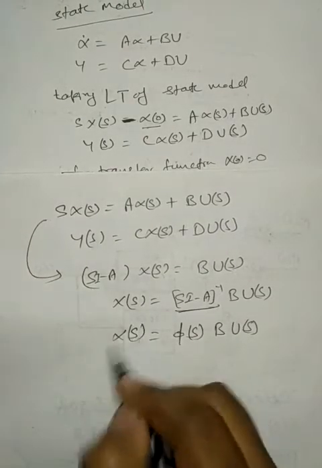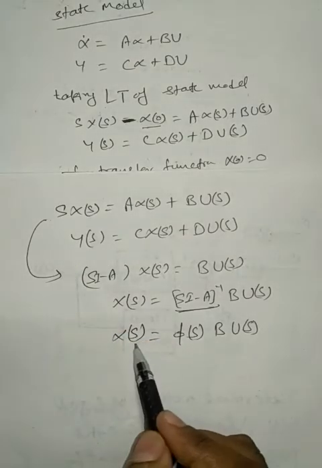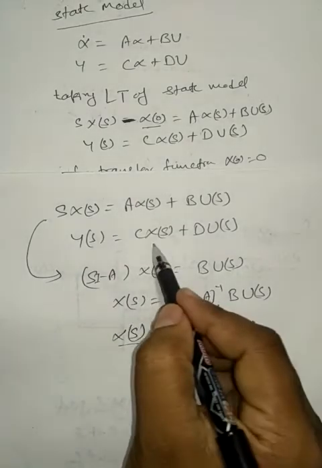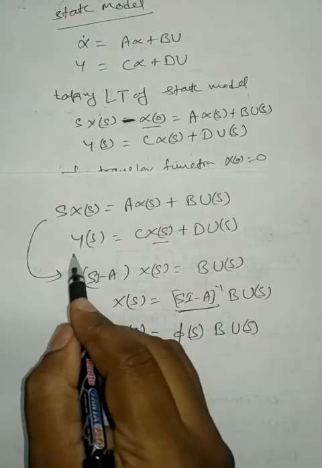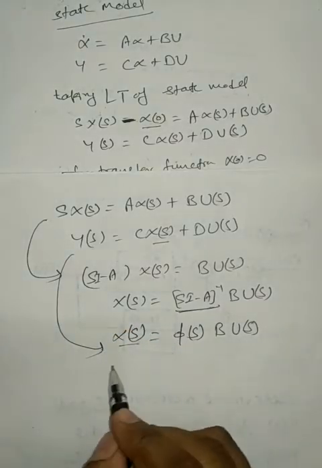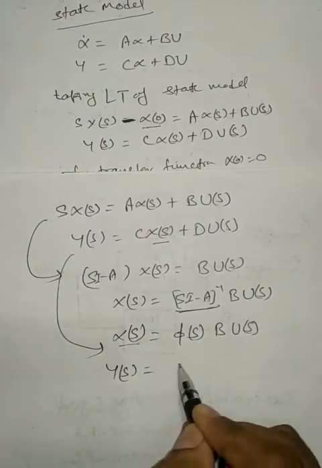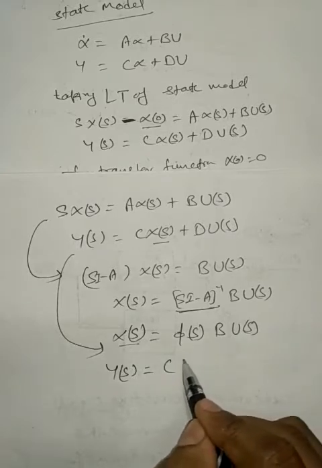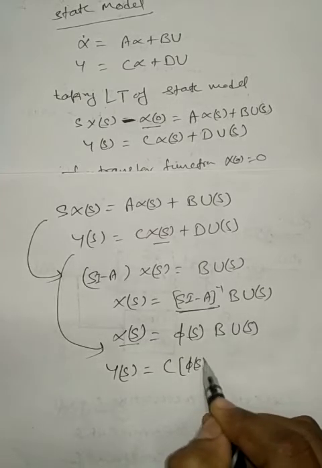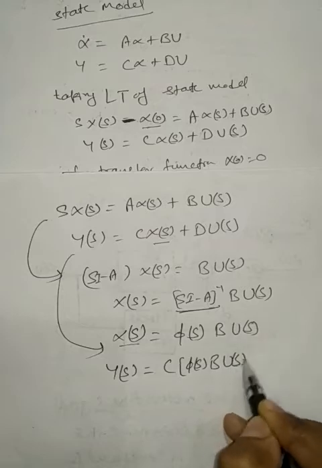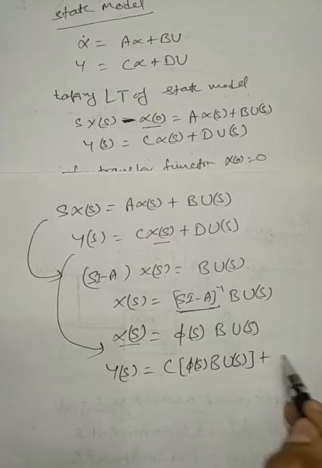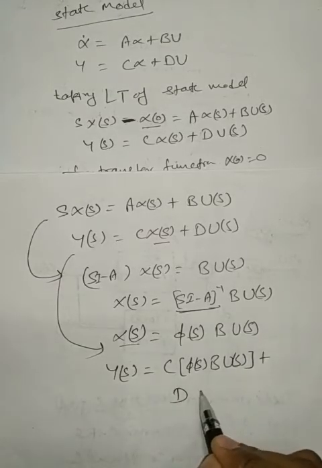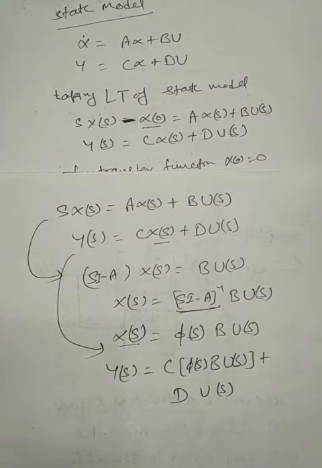This is X(s). Put this value in the output equation, then we get Y(s) is equal to C phi(s) BU(s) plus DU(s), right?